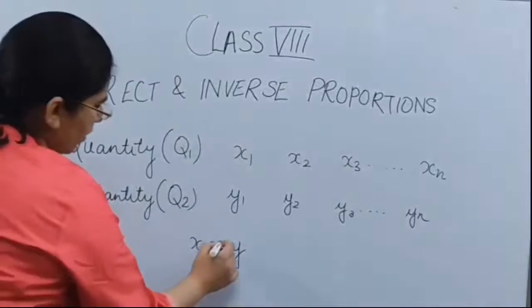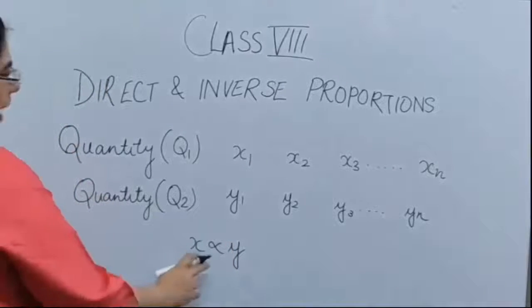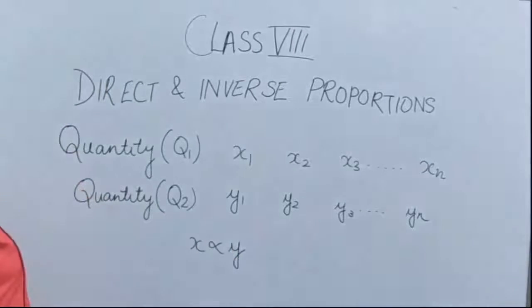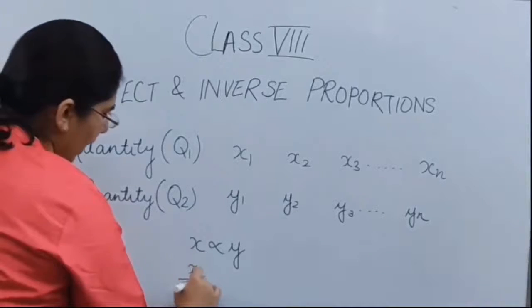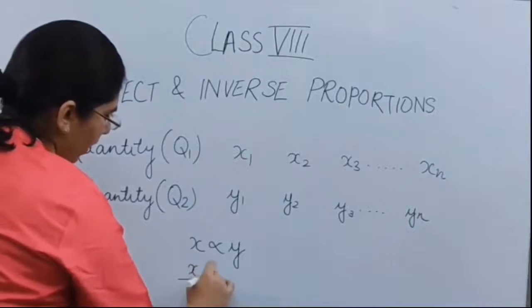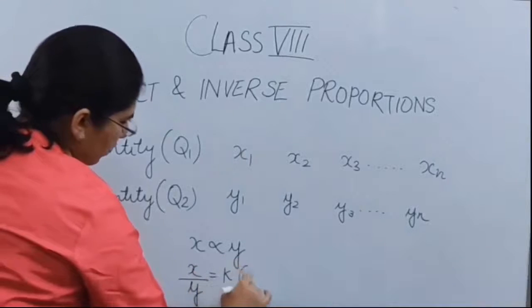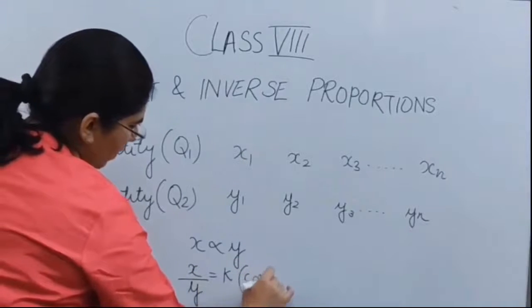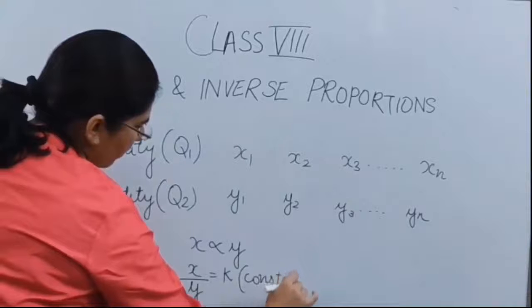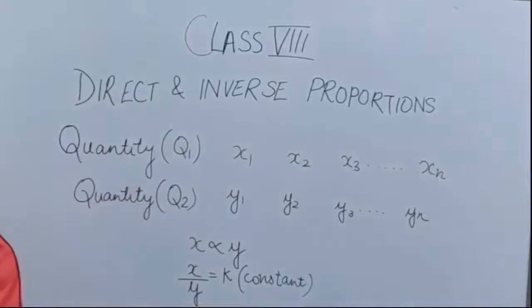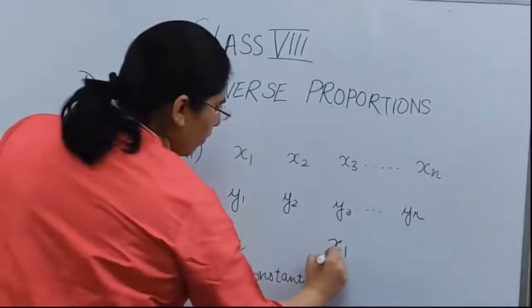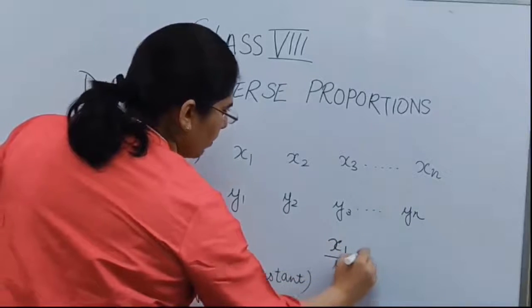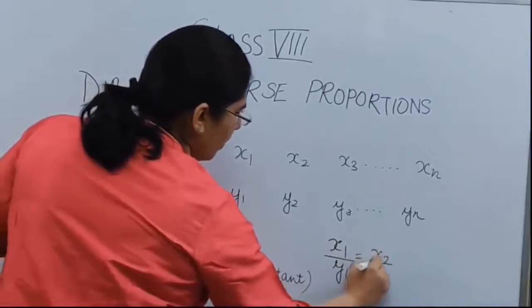This symbol shows that x is directly proportional to y, which means that x by y is a constant. Therefore, x1 upon y1 equals x2 upon y2.